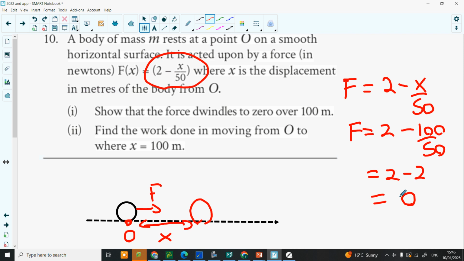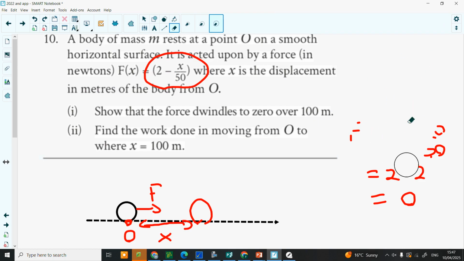The further you push it, the weaker the force. What happens if I go above 100? The force will end up reversing direction and pushing me back. Is that right? Now, find the work done by the force in moving from 0 to 100.